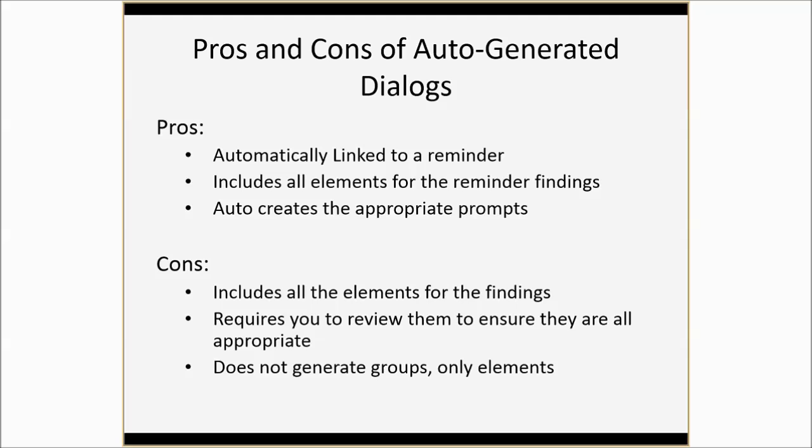The pros are they're automatically linked to a reminder. It includes all elements for the reminder findings, and it auto-generates the appropriate prompts. The con is it includes all the elements for findings, requires you to review them to ensure they're all appropriate, and does not generate groups, only elements.